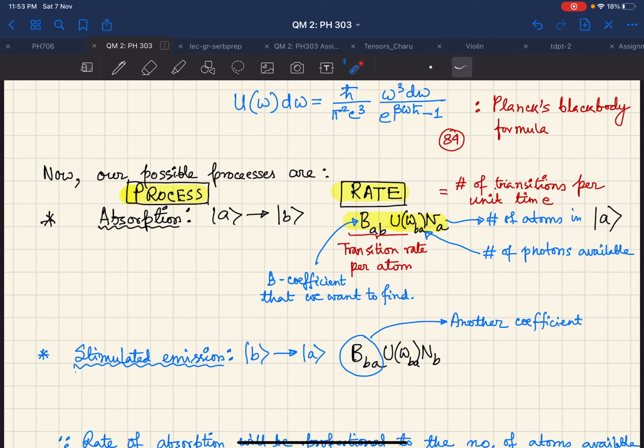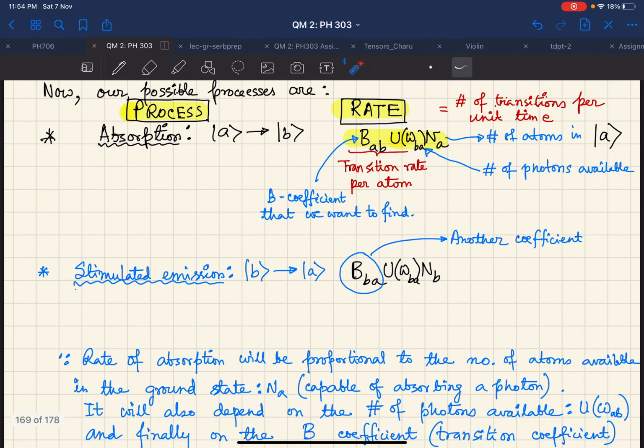Similarly, this B_BA is also another coefficient. Everything else is the same. Now, when I look at this expression, I clearly see that this N_A is sitting here. So, if I look at these two terms, this product, then it tells me that this gives us the transition rate per atom. That is also another useful quantity.